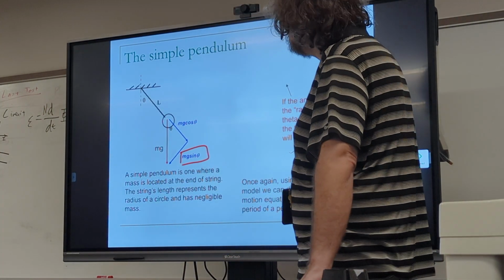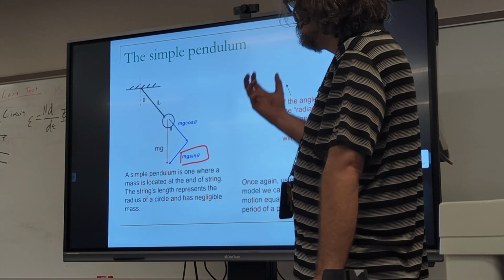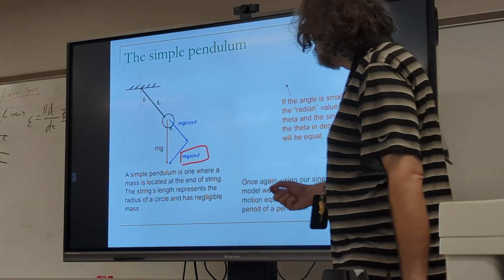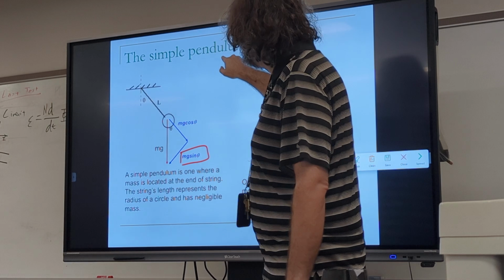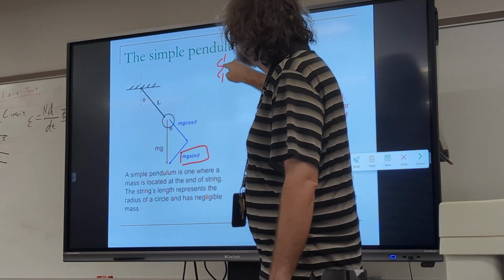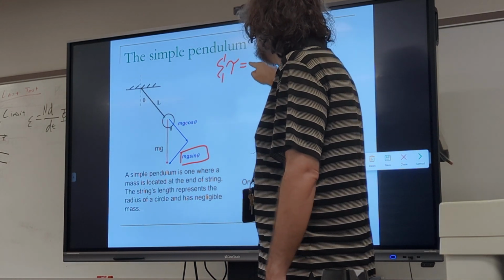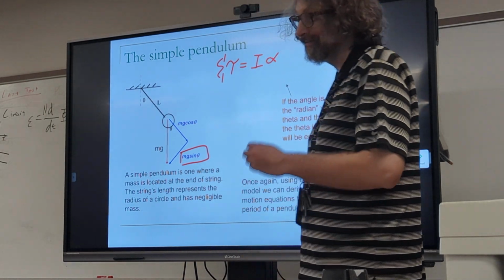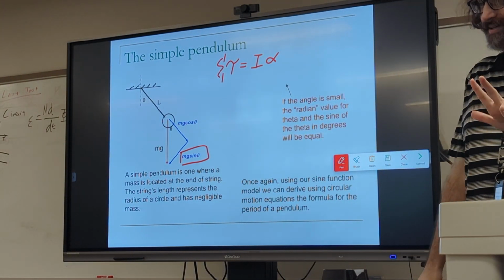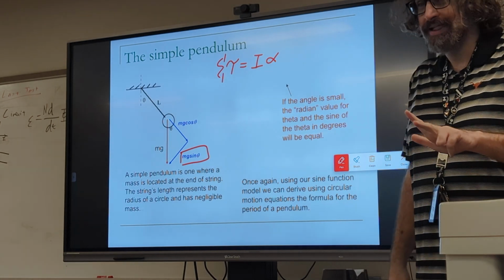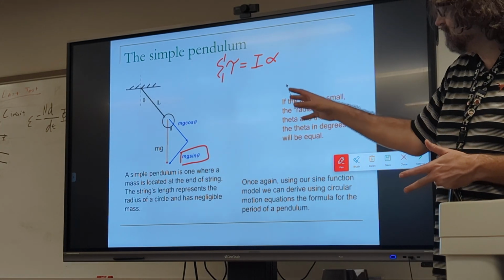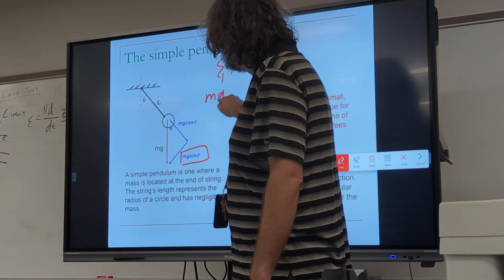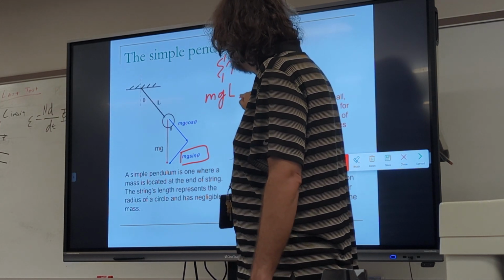So what we have to do is start with the rotational version of Newton's second law, which, if you remember, is the sum of torques equals I times alpha. Now the torque that's going to be involved is just going to equal mgL sine of theta.